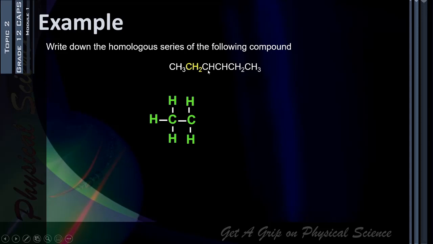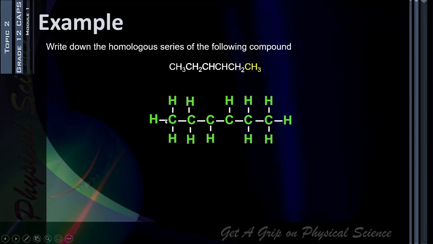Then you have a carbon bonded to 1 hydrogen, and the next carbon is also bonded to 1 hydrogen. It doesn't matter where you draw that hydrogen. And then the fifth carbon bonded to 2 hydrogens, and the last one bonded to 3 again.